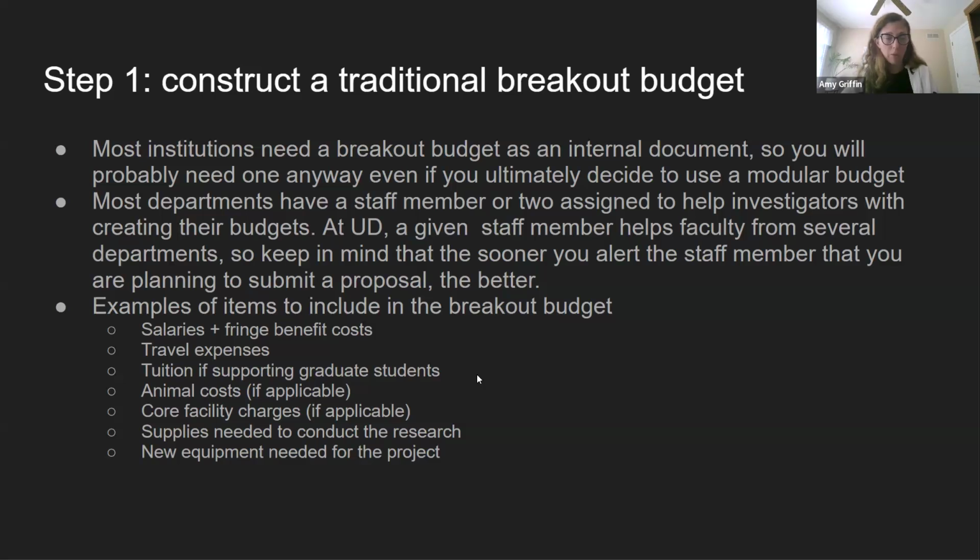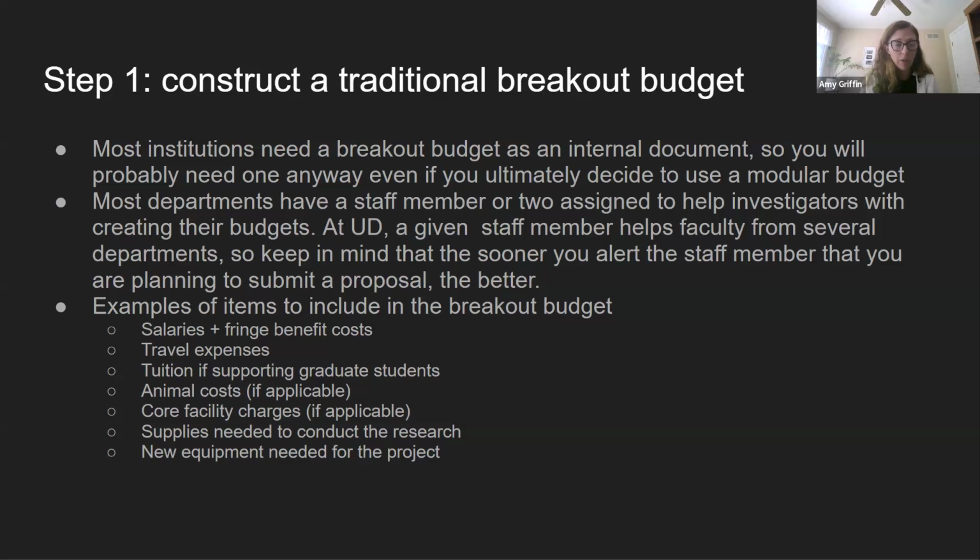If you use animals in your research, you'll need to figure in animal cost, not just purchasing the animals, but the per diem cost that is charged once they arrive at University of Delaware or your institution. You may have core facility charges. For example, my lab uses the bioimaging center to do some of our histological confirmation.